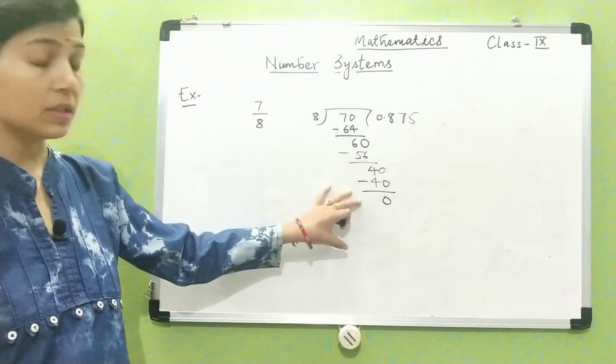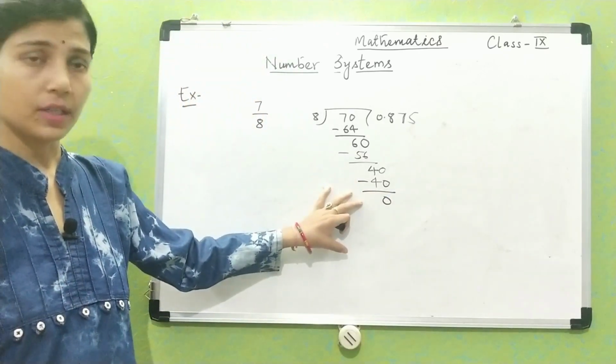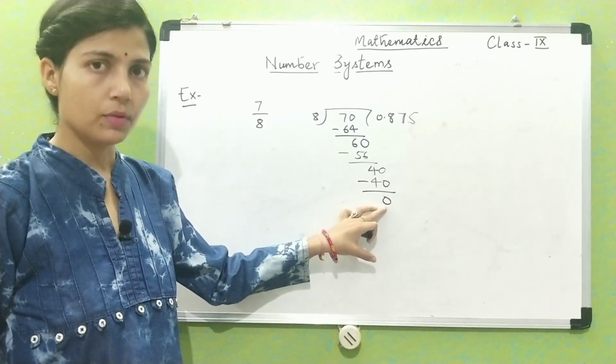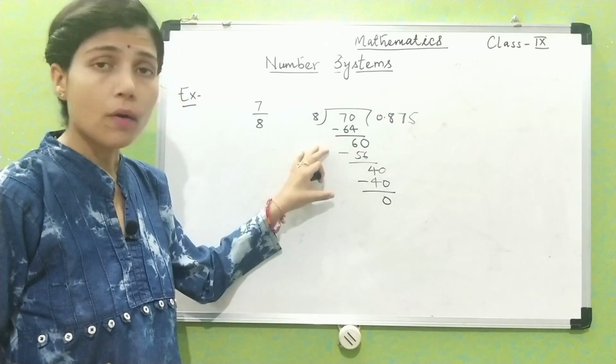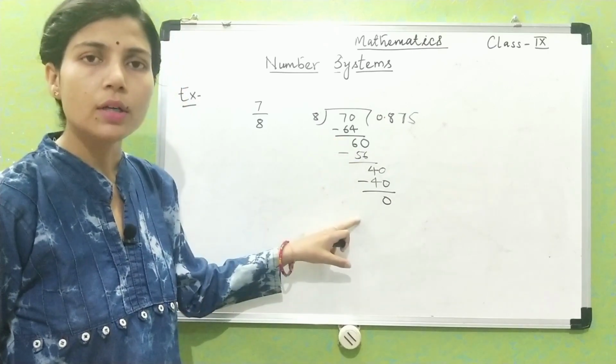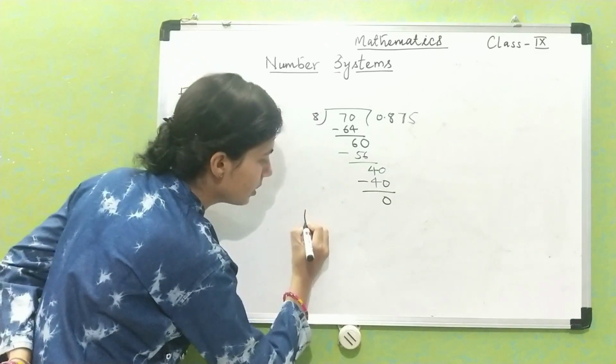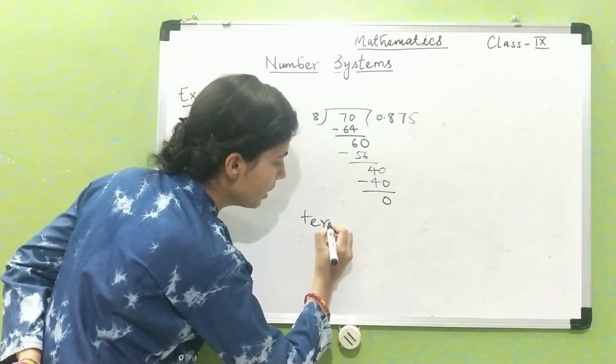Means this division after certain steps has stopped. Okay, so this type of decimal expansion is called terminating. Okay, what? Terminating decimal expansion.